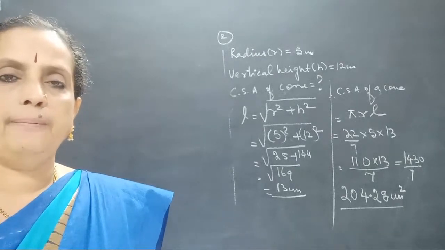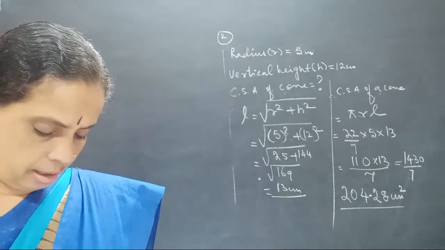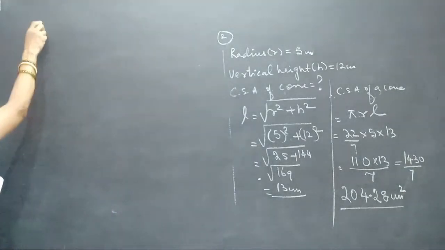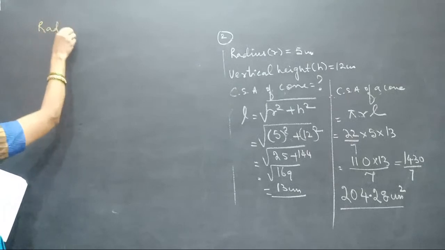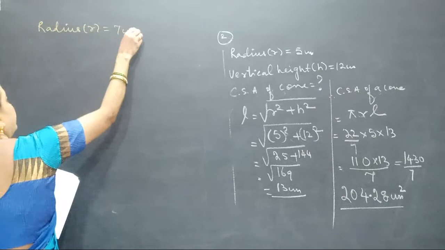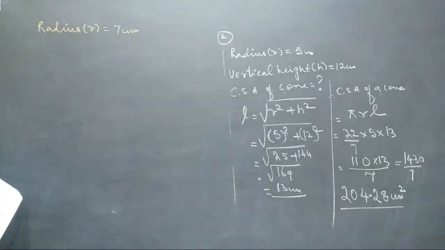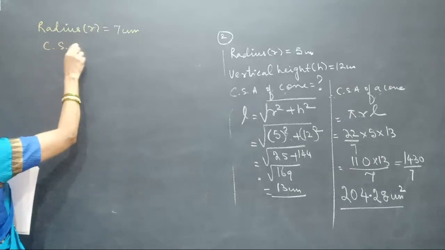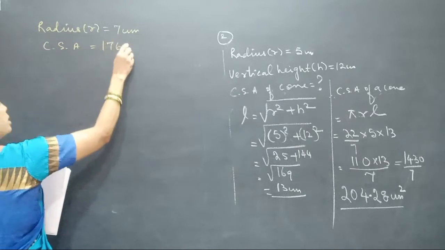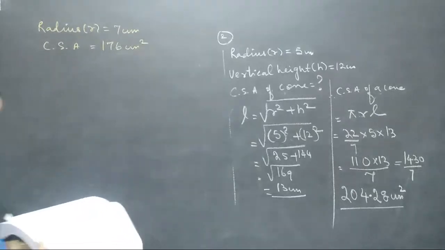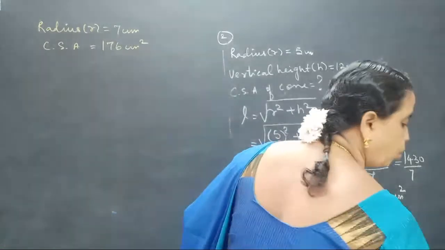Yes. Okay. Next question. The radius of a cone is 7 centimeter, and the curved surface area is 176 centimeter square. Find the slant height of the cone.